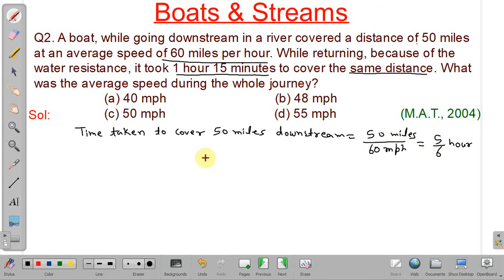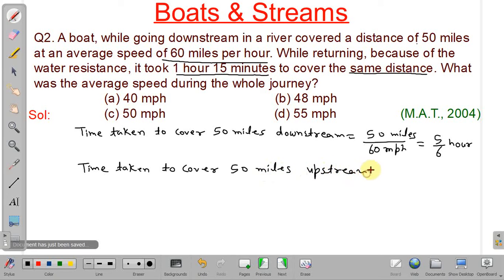Now while traveling upstream time is given 1 hour 15 minutes. So time taken to cover 50 miles upstream will be equal to 1 hour plus 15 minutes, we will convert that to hours. So we divide by 60 and it will be equal to 5 by 4 hours.